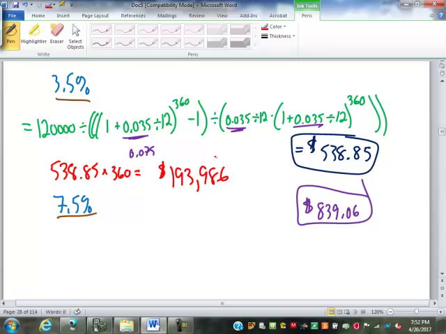So $194,000 is what it costs you for that $120,000 house. You're paying $73,000 in interest. That's about typical, about 2/3. About 60 to 70% of your principal gets paid out in interest over the lifetime of a 30-year mortgage.